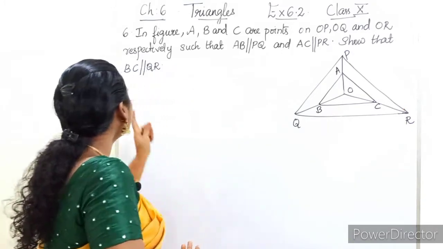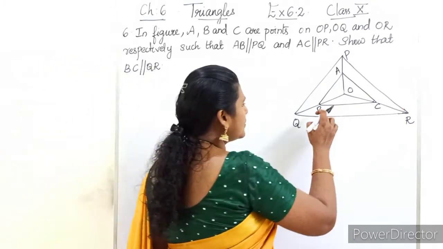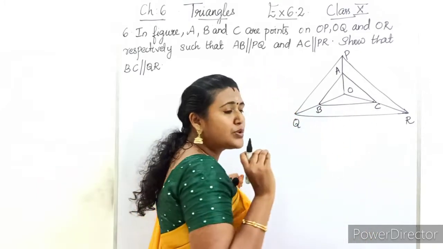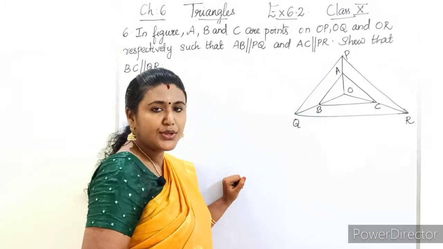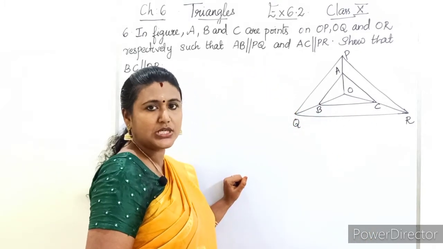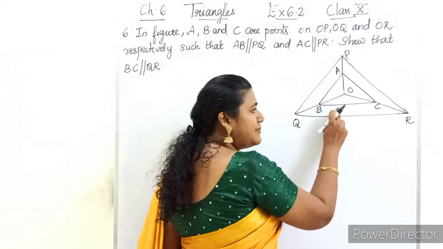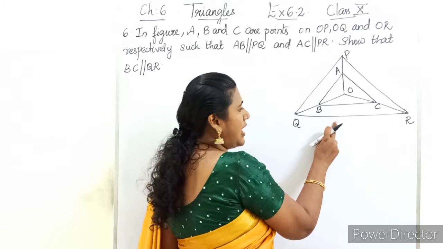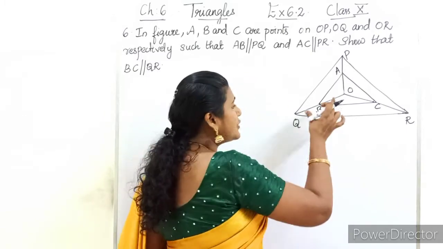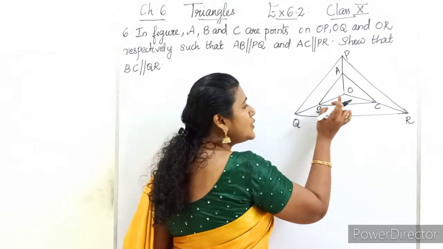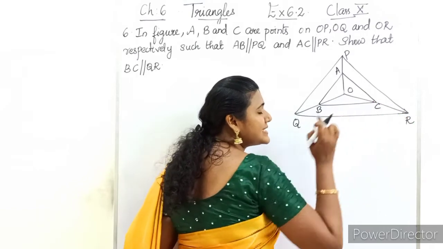Now we have to prove that BC is parallel to QR. If you want to prove two lines are parallel, we have to use converse of basic proportionality theorem. So in order to prove the line BC is parallel to QR, which condition we have to prove? OB by BQ is equal to OC by CR.